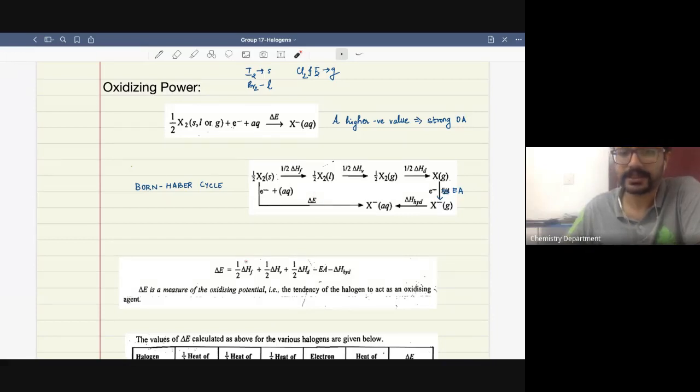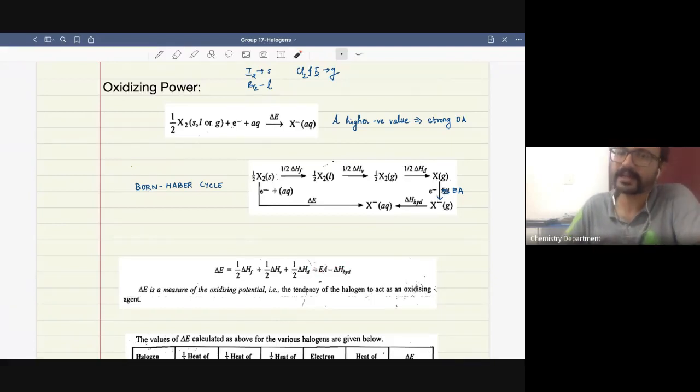Okay, so that is why delta E would be what, half of, because we have to divide it into two. So half of delta HF, half of delta HV, then half of delta H dissociation. Here it is, you can write it as plus EA as well as plus delta H hydration, because here they have put negative because electron affinity and delta H hydration, they are exothermic process.